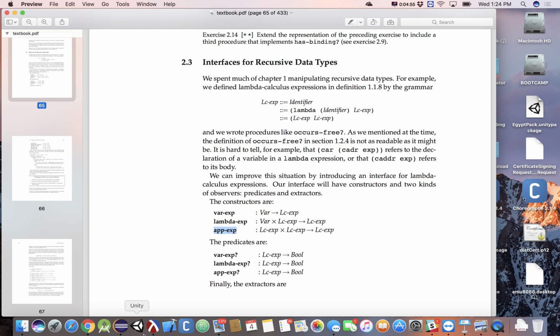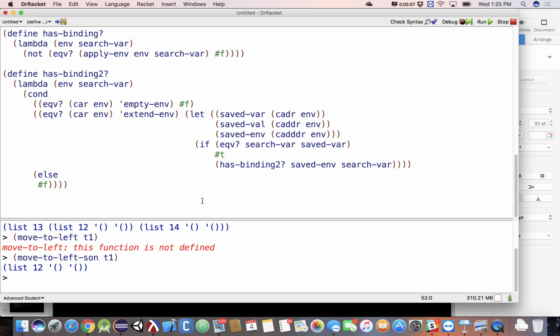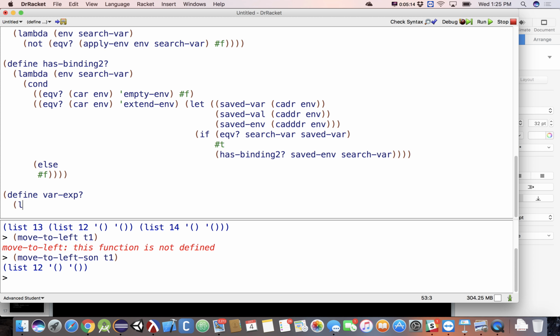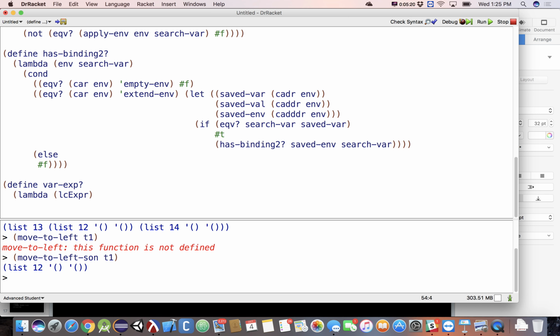All right, so let's go ahead and write the predicate. We're going to take in something that is an Elsi expression, and we want to know, is it a var expression? If it's a var expression, that means it's only an identifier. So this would be define var exp lambda Elsi expression, and this will return symbol Elsi expression.